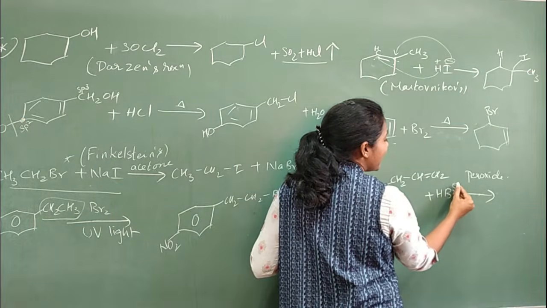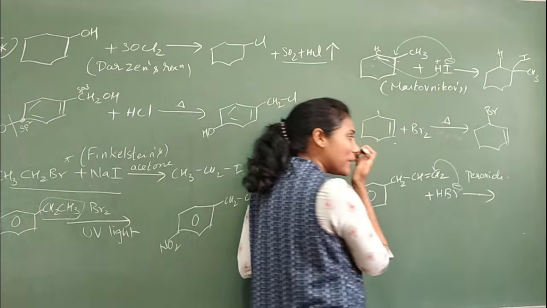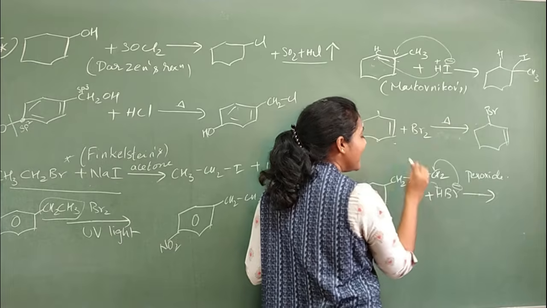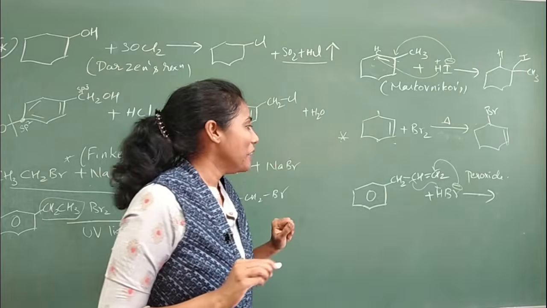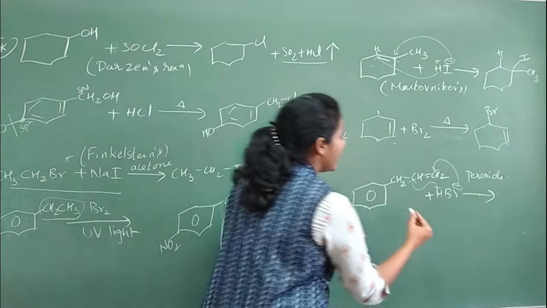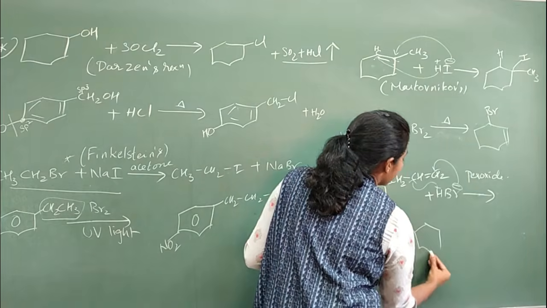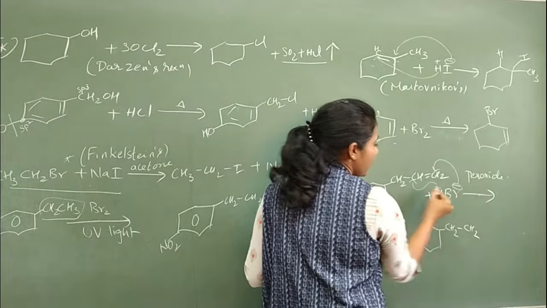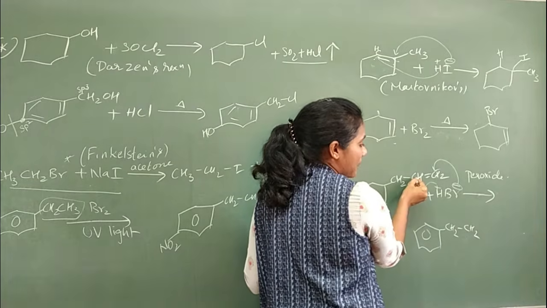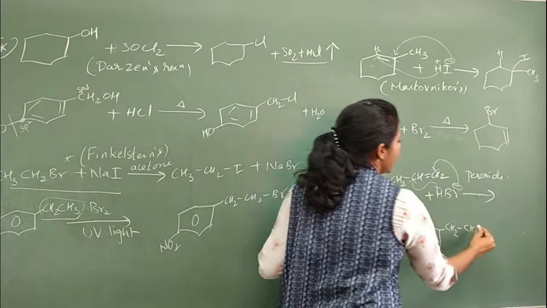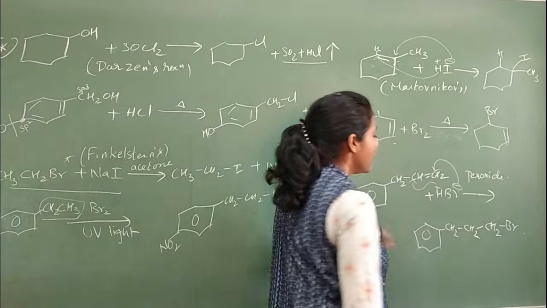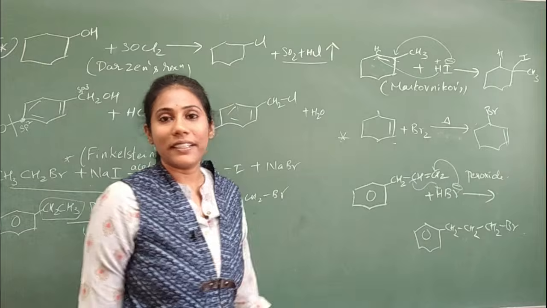The negative part is added to the carbon having more hydrogens, and the positive part is added to the carbon having fewer hydrogens. Okay, so if you add that way, you will get the product CH2, because you are adding hydrogen to this carbon, so this is becoming CH2, single bond, CH2Br. Okay, so this is the major product you will get, right?